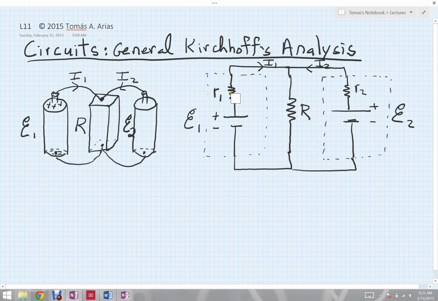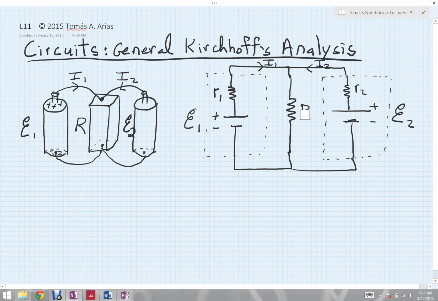But now notice the second part of a parallel combination, that the voltage across the two resistors has to be identical. That will not necessarily follow, because these resistors are in fact connected to batteries of different voltages before they are connected together. So this is just a much more complicated situation. Nonetheless, we can analyze it using Kirchhoff's laws.